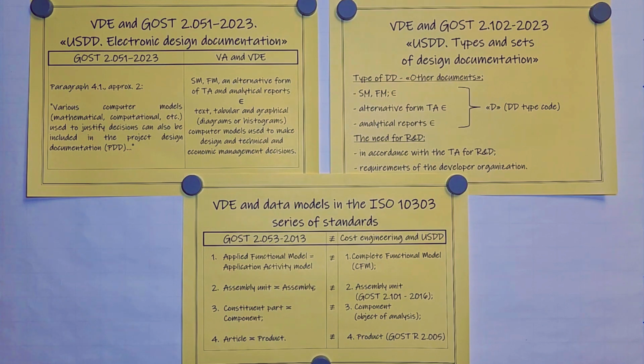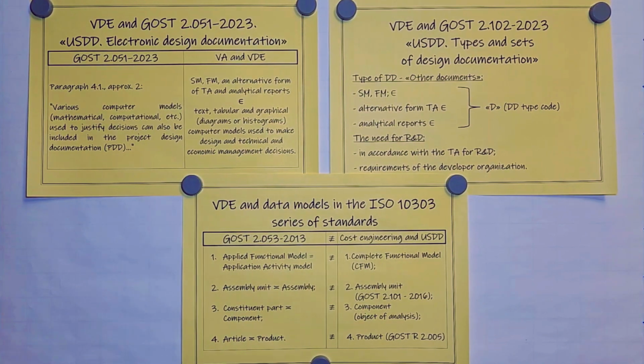An example of such differences is the section on terms and definitions, which presents individual terms similar in sound or abbreviation to terms used in cost engineering and the United System of Design Documentation, but having either a completely different or significantly different meaning.